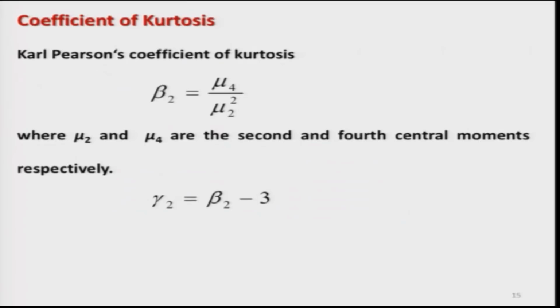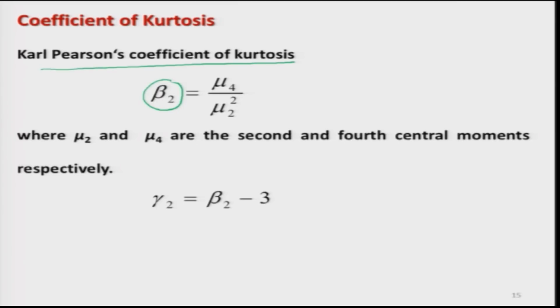Now, the next question is how to quantify it. So, we have a coefficient of kurtosis, and there are different types of coefficient of kurtosis, but here we are first going to consider Karl Pearson's coefficient of kurtosis, which is denoted by beta 2. That is the standard notation.